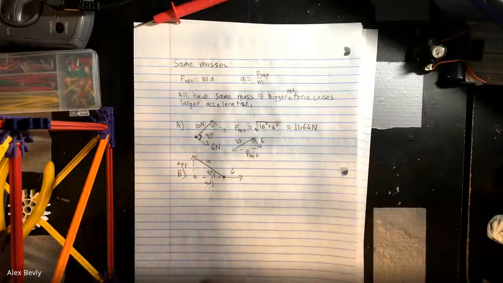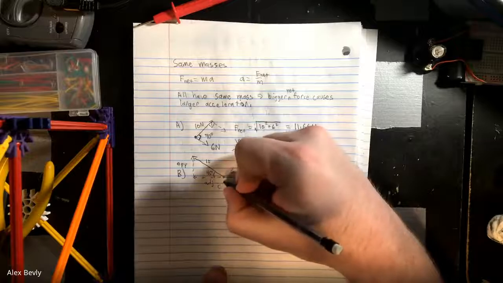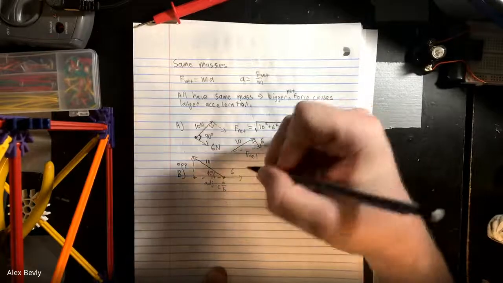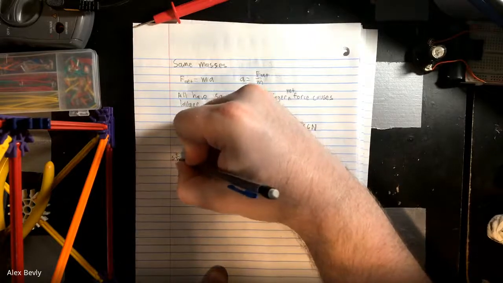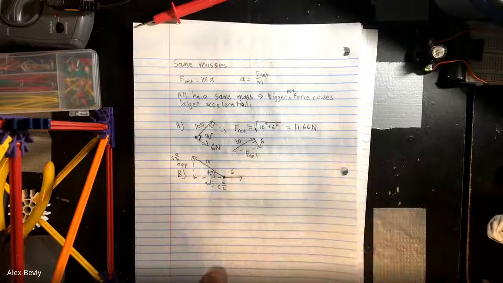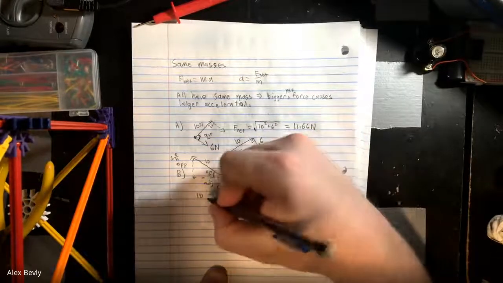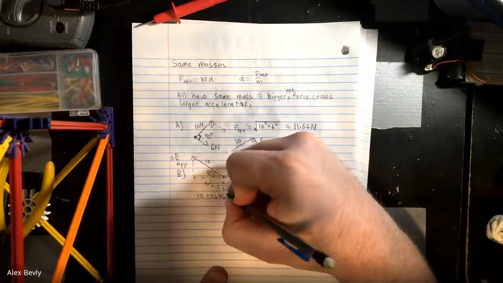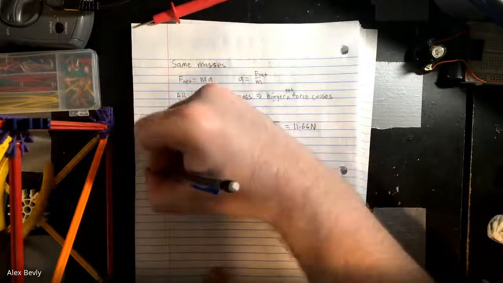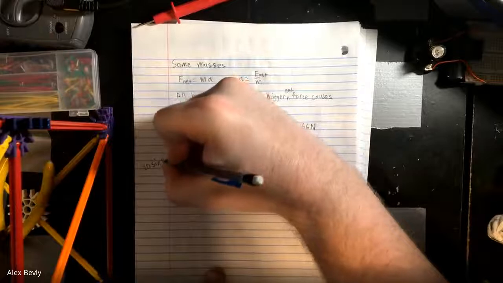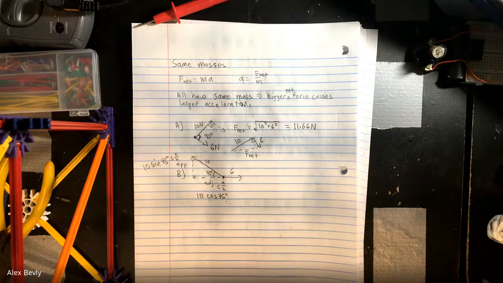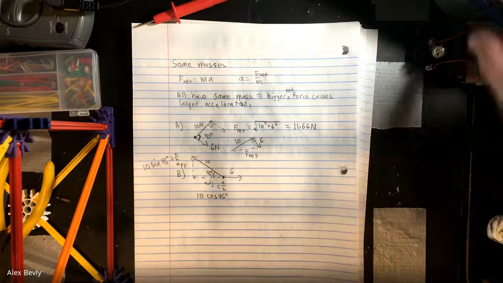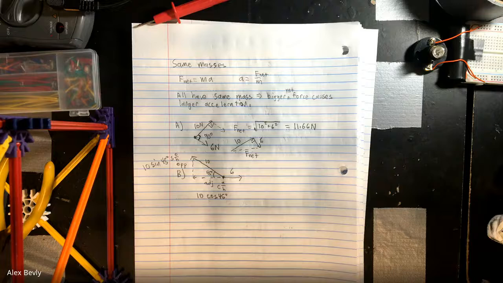Adjacent is going to be cosine, right? Cosine is adjacent over hypotenuse. Sine is opposite over hypotenuse. So for adjacent, we're going to use cosine, so we have 10 cosine 45 degrees. For this one, we have 10 sine 45 degrees. And I'm just going to evaluate these numbers. I'm not going to worry about square root of 2 over 2, things like that.